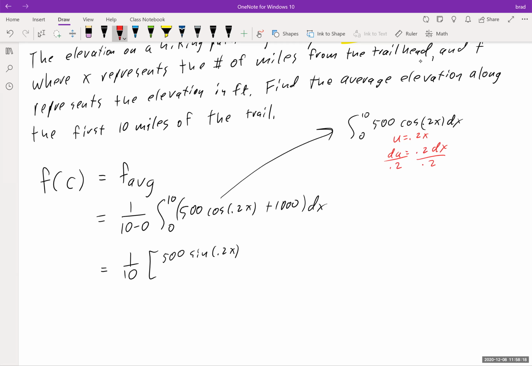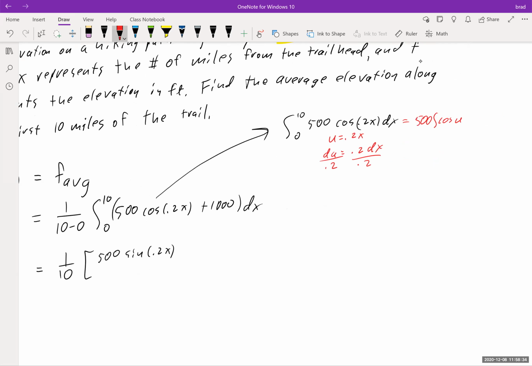So then we really now have the integral, and I'll write the 500 on the outside, 500 integral of cosine of u, and then this would be du divided by 0.2. So we basically have to find out what 500 divided by 0.2 is, and that gives us 2,500.